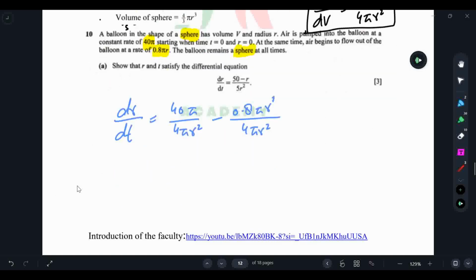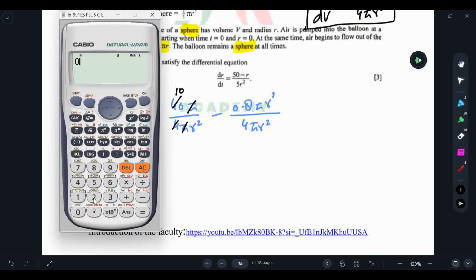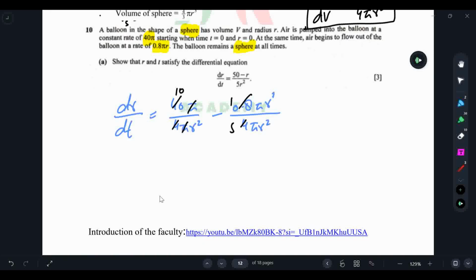Now we can simplify it, cancel out these two, and 0.8 divided by 4 will be equal to 1 by 5. We can cancel out pi, and r with the square. So this will be 10 by r square minus 1 by 5r.